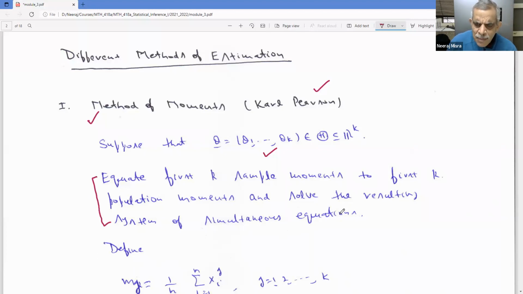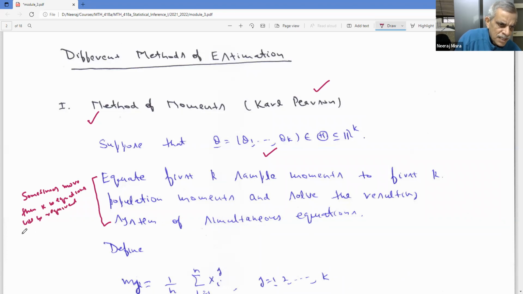Now, sometimes what may happen is you may require more than k equations to get the method of moments.